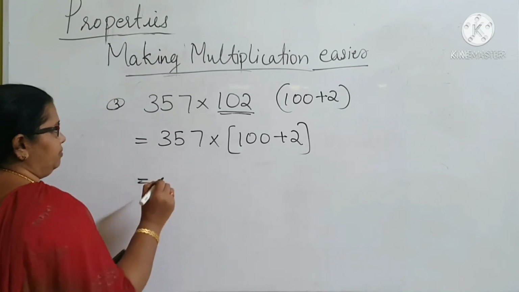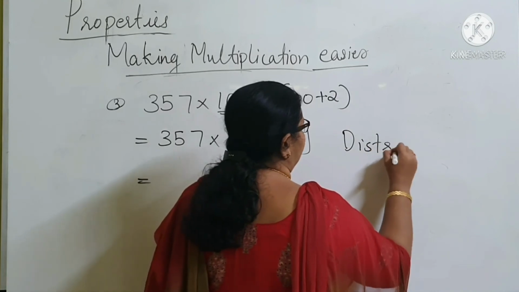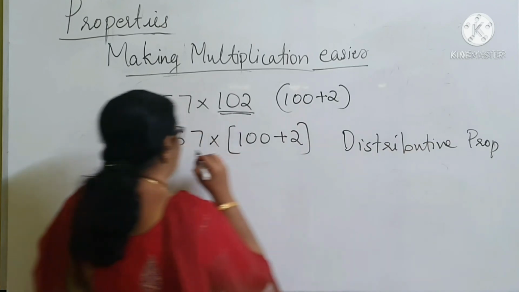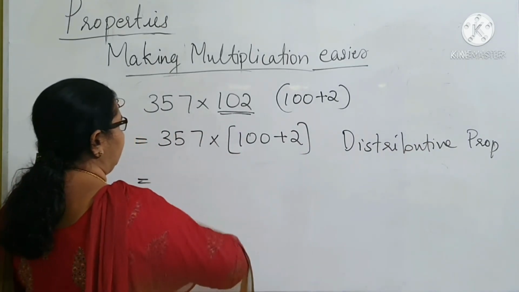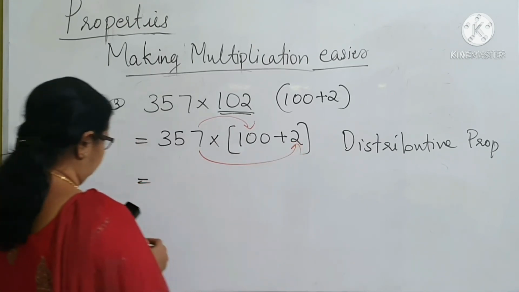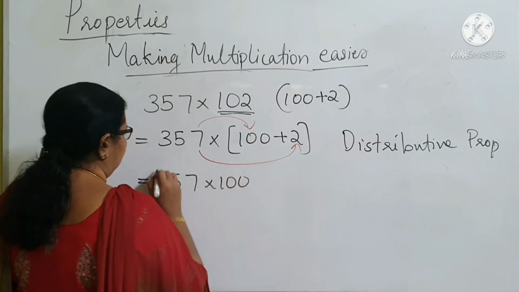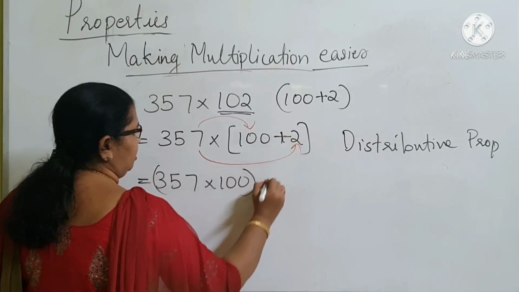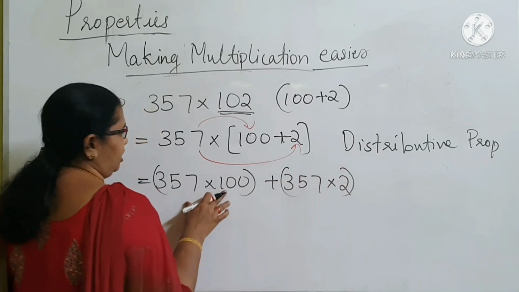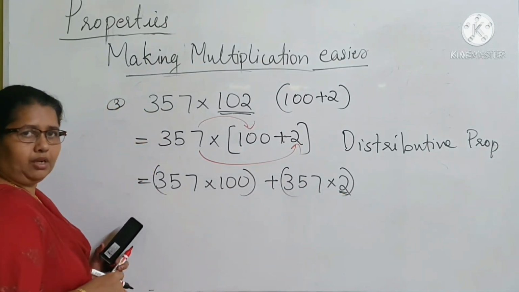And then which property can we apply? Distributive property. Distribute 357 to 100 and to 2, that is, multiply 357 by 100, plus 357 into 2. Multiplication by 100 is very easy, and this 2 is a small integer, so we can multiply easily.